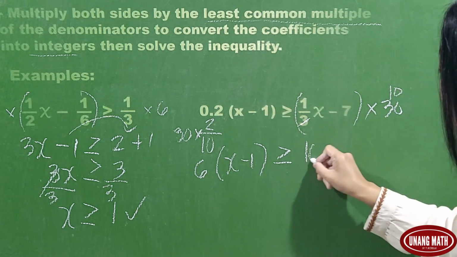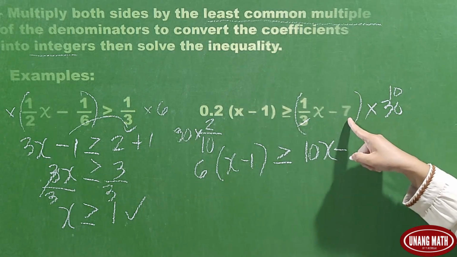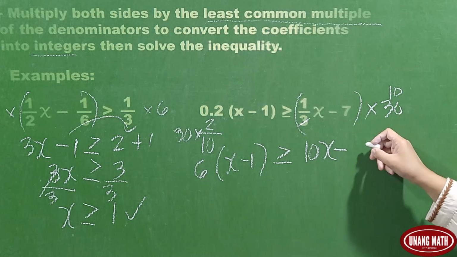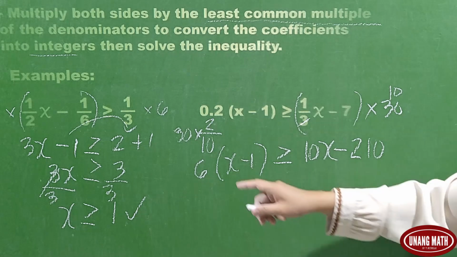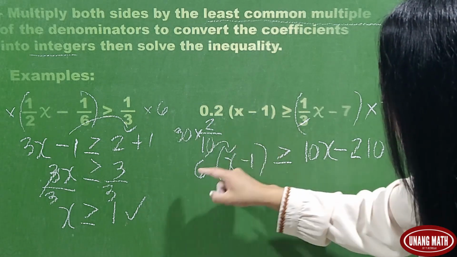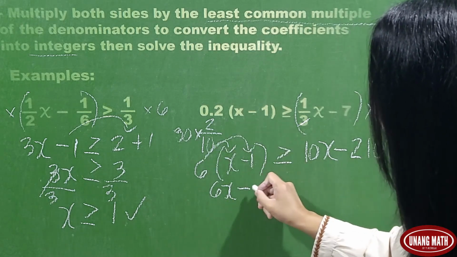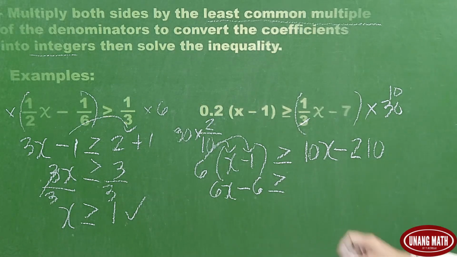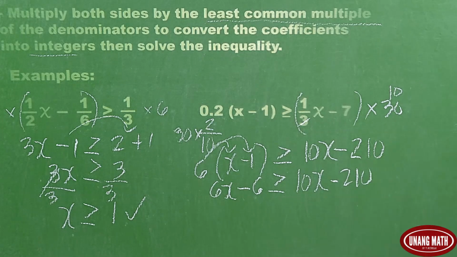So this is 10x minus negative 7 times 30, which is negative 210. So this is minus 210. Using the distributive property, 6x minus 6 is greater than or equal to 10x minus 210.